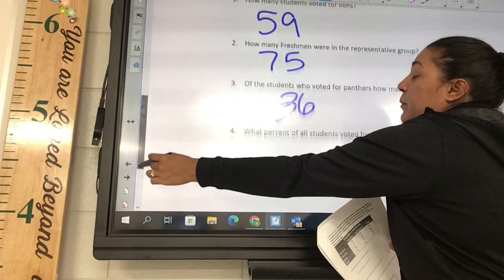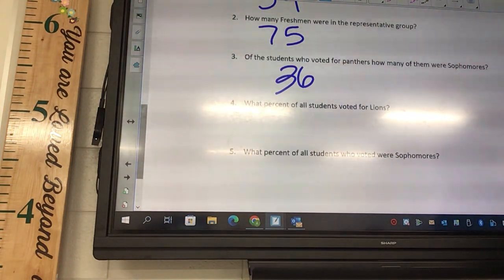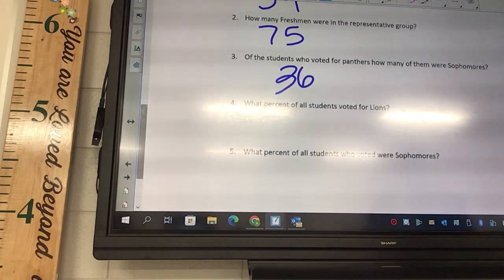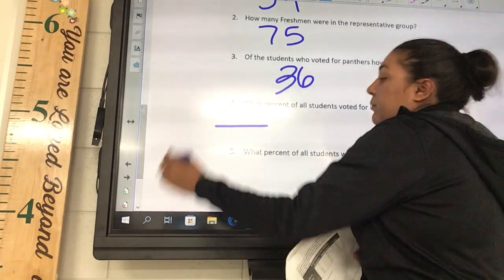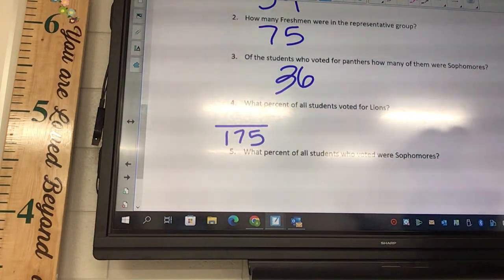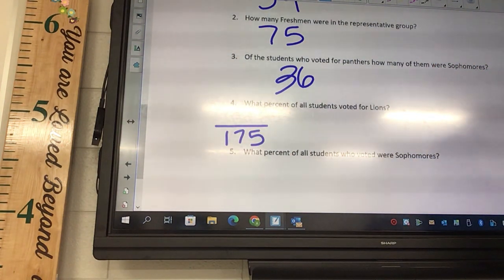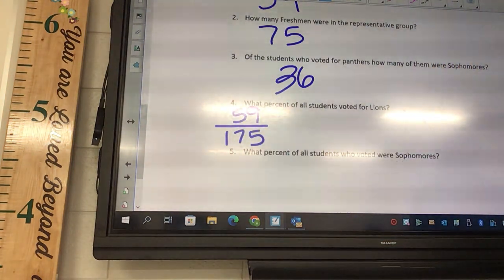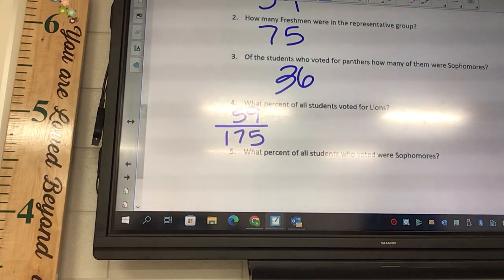Okay, the only part that some of you guys may not remember is the percent parts. So what percent of all students voted for Lions? Okay, so how many students voted total? 175. How many students voted for Lions? 59. So you're going to say 59 over 175, and you can either use that fraction button or hit divide.